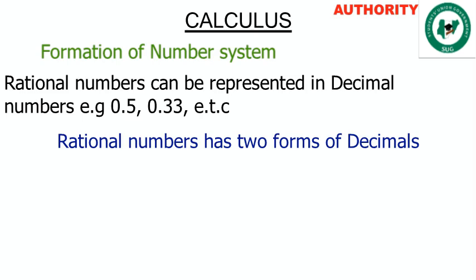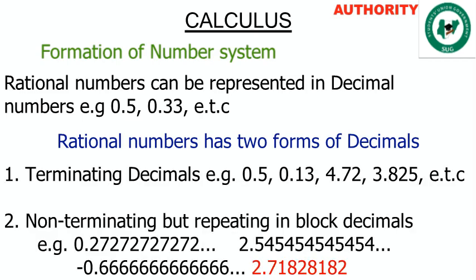Rational numbers can be represented in decimals. And in representing them in decimals, you can represent them in two forms of decimals. In two forms of what? Decimals. For instance, number one form is terminating decimals.